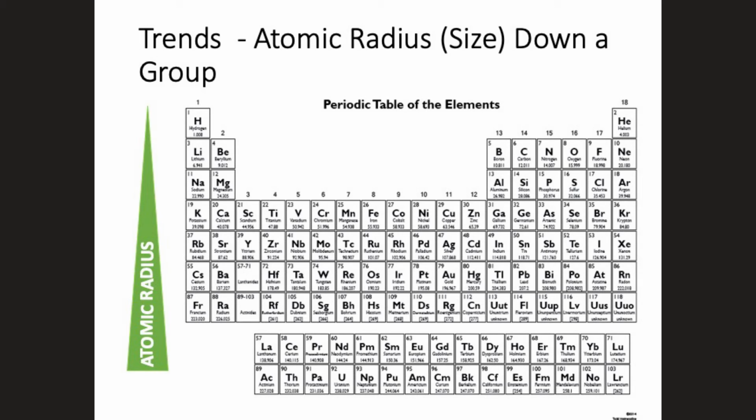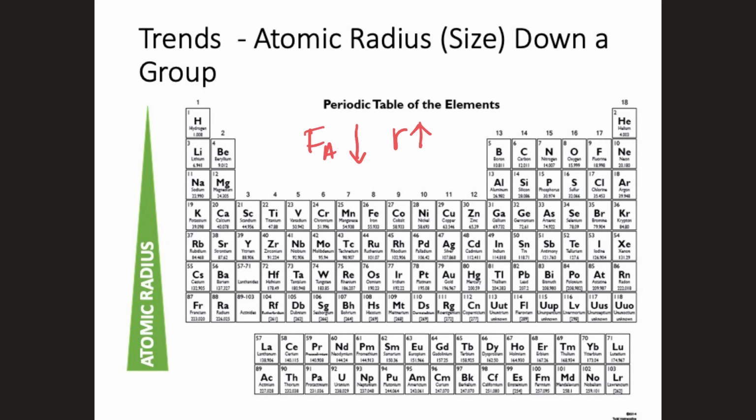Okay, so what about down a group for the atomic radius? Well, the atomic radius increases as we go down a group. And why is that? Well, remember the force of attraction again. The force of attraction will decrease as the radius of the atom increases. So why is the radius of the atom increasing?